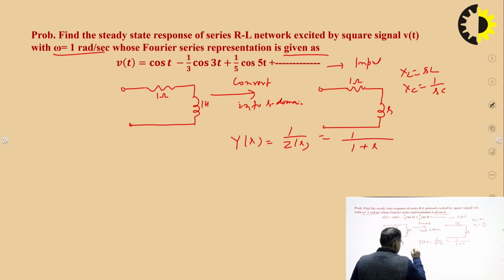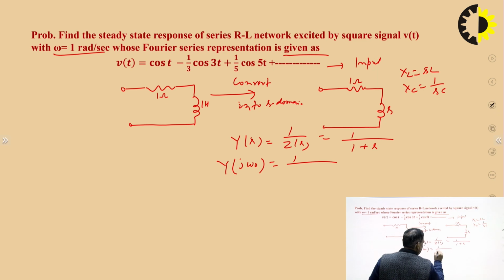Now Y(j omega 0) is 1 by 1 plus j omega 0.